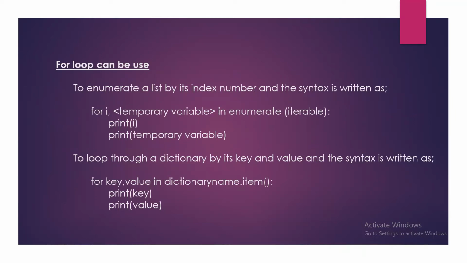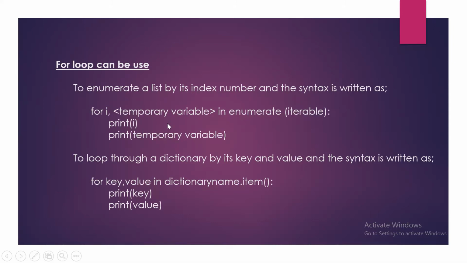To do this, we write for index, temporary variable, which is basically the nature of the items, elements, or entries of the iterable object in which we want to perform the enumerate function, and we write in enumerate and the name of the list in which we want to list the items, and print its index number as well as the items.